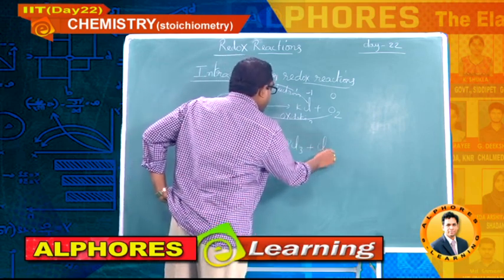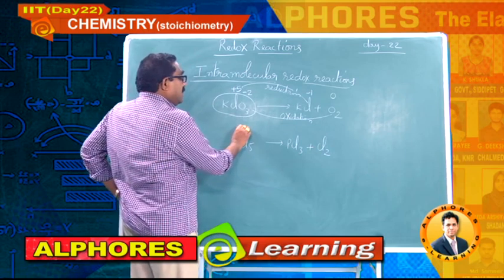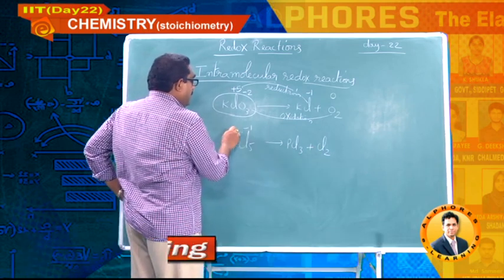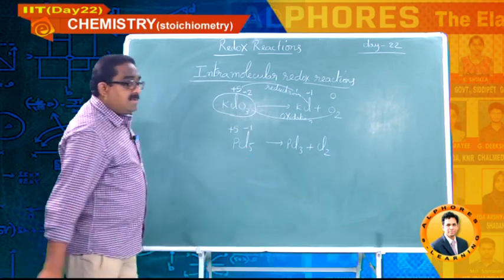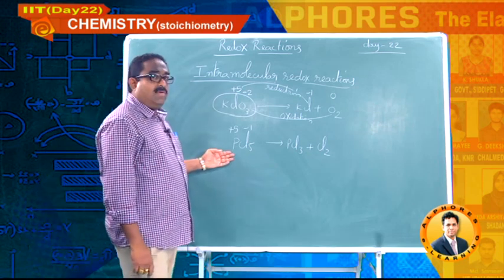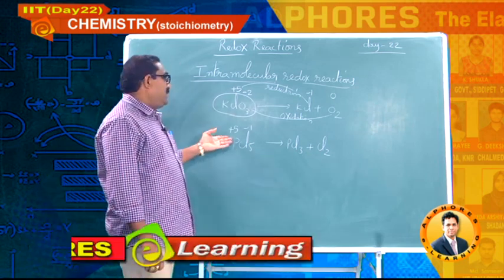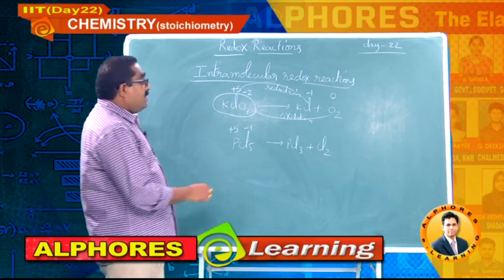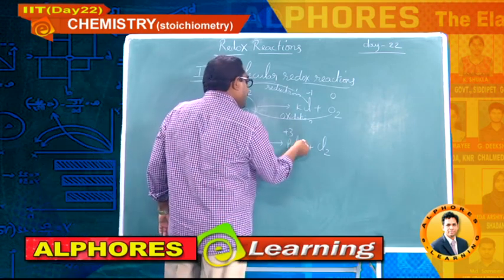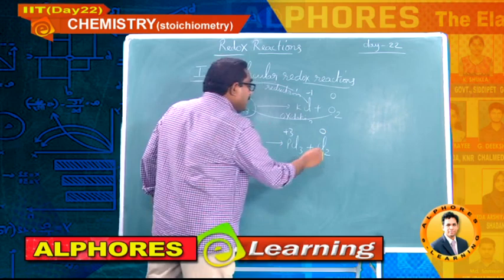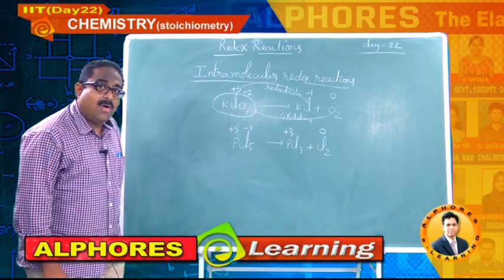Let me go for another example. PCl5 gives PCl3 plus Cl2. Here chlorine is -1, phosphorus +5. For phosphorus you can calculate x, chlorine being a 7th group element at -1, so +5 -1. Here phosphorus is +3, of course chlorine is -1, and here this chlorine is 0.